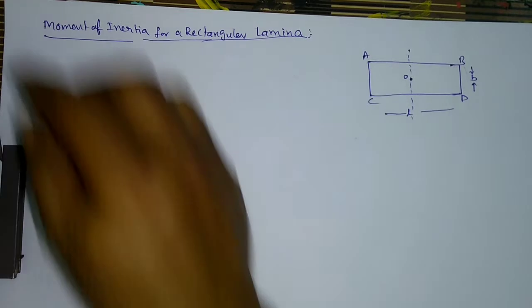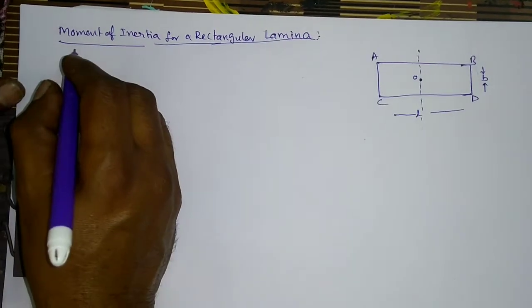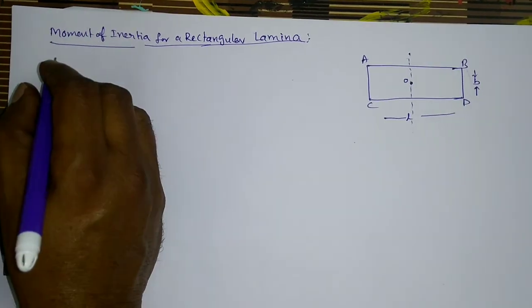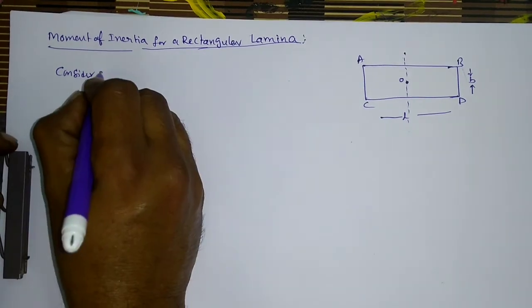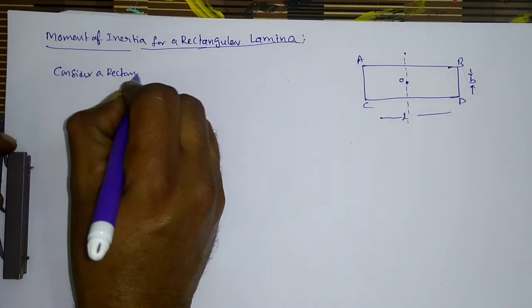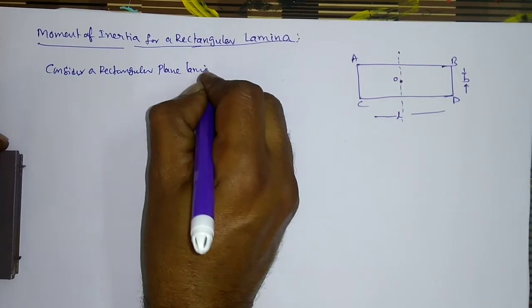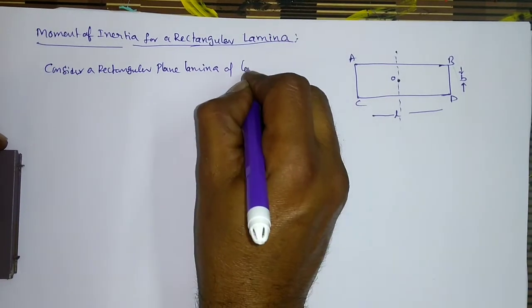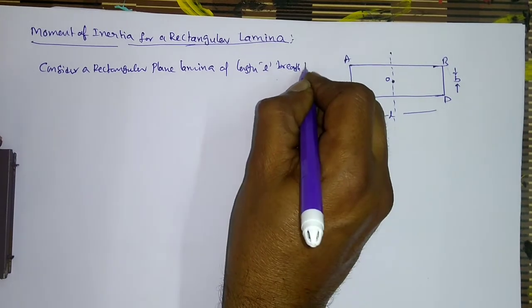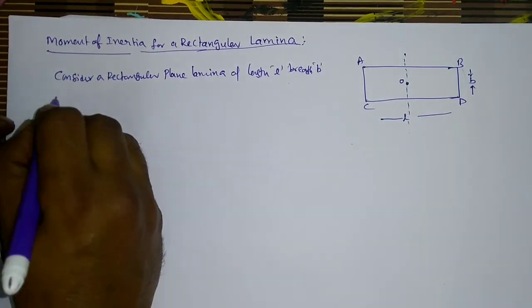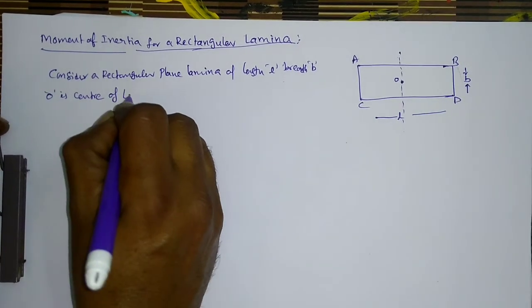See, length L, breadth B, mass M. Consider a rectangular plane lamina of length L, breadth B. O is the center of the lamina.